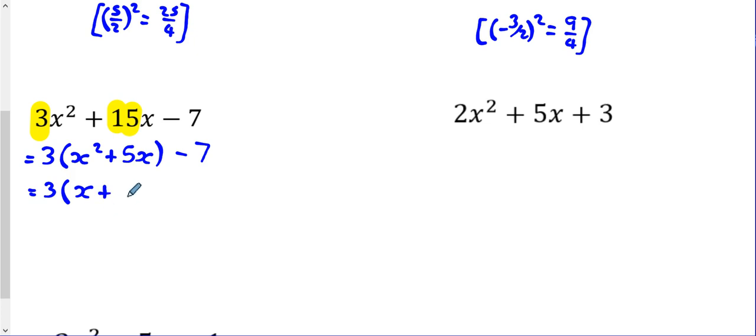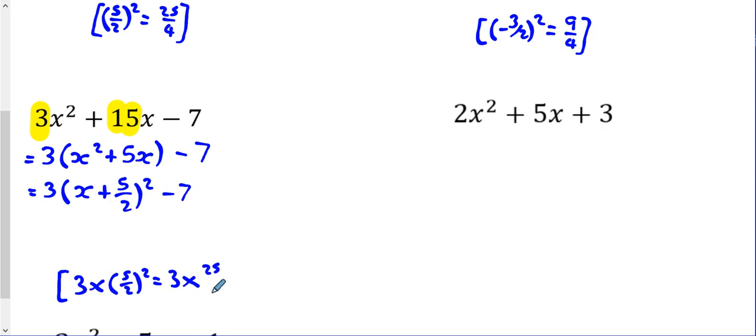Half this term, the fraction 5 over 2. So again, I'm going to keep this 7, and we just need to decide what goes on the end. And that's whatever's coming out of this bracket, but now is multiplied by this 3. So out of that bracket, we're going to get 3 lots of 5 over 2 squared. So that's 3 lots of 25 over 4. So that's 75 over 4 that we need to get rid of.